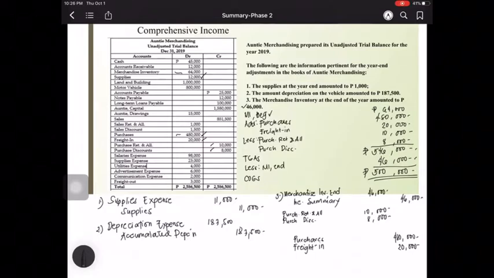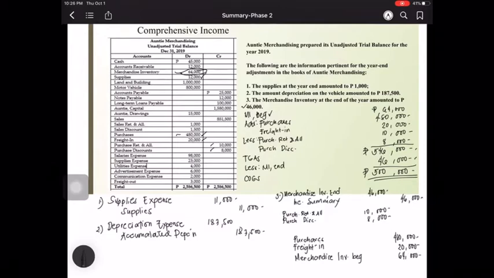We also have to close your merchandise inventory beginning. If your merchandise inventory beginning is originally debited, what do we do to close its amount? We just have to reverse the entry. So we have to credit your merchandise inventory beginning for the amount of 64,000.